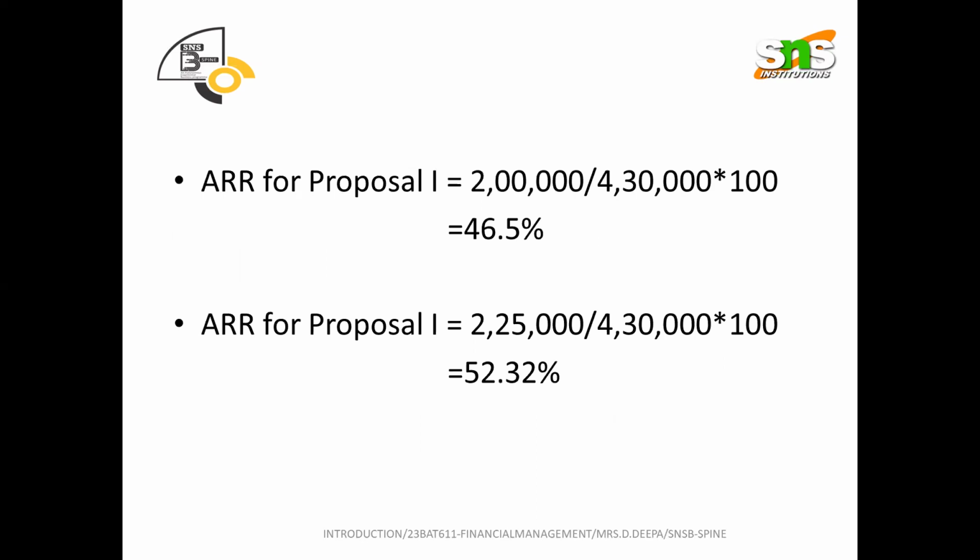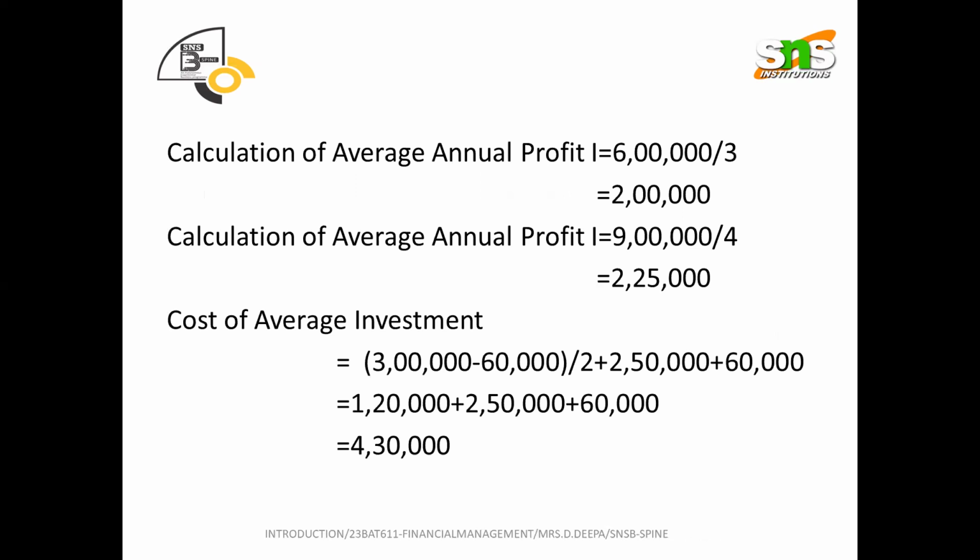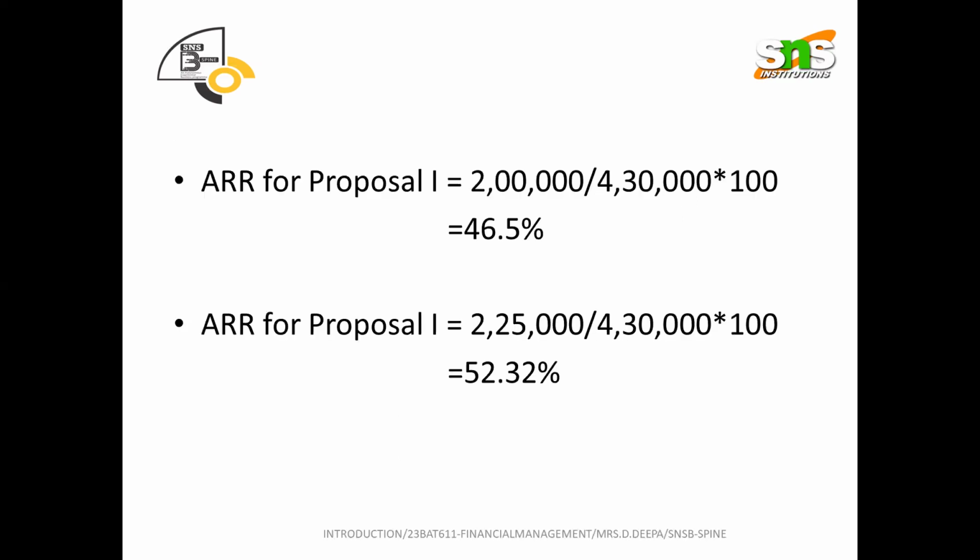Now apply these two values in your formula of ARR, that is average profit divided by average investment. For both the proposals, first let us see proposal 1. 2 lakhs divided by 4 lakh 30,000. For proposal 1, average profit is 2 lakh, divided by 4 lakh 30,000, which is your average investment.